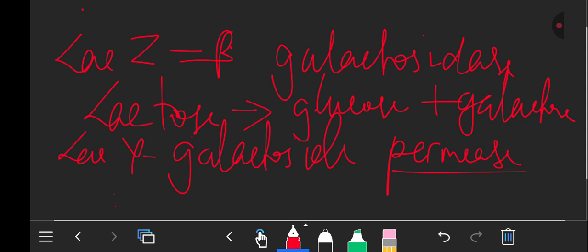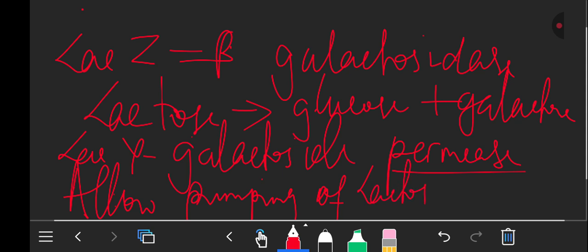So this one makes the cell membrane permeable, so as to allow pumping of the lactose into the cell. So that is basically the function.